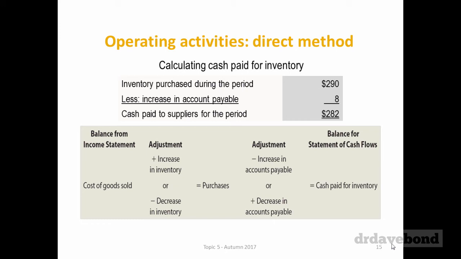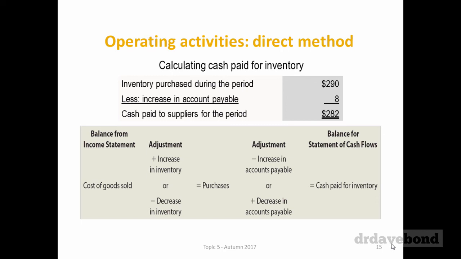What is the most logical thing that we would credit if we owe less to our suppliers? Cash. Is that the only possible thing that could happen? No. What could happen? Our suppliers could be really nice to us and say, you don't owe us any money anymore. They could forgive the debt. Now, that's not likely, but it's not beyond the bounds of possibility.